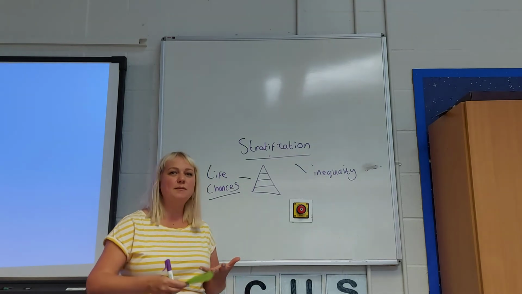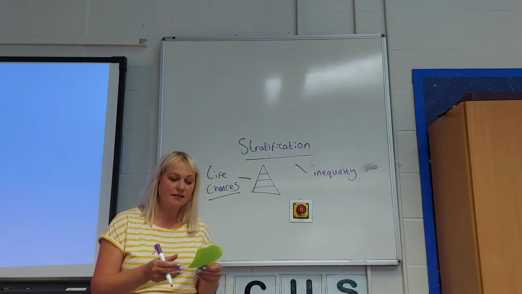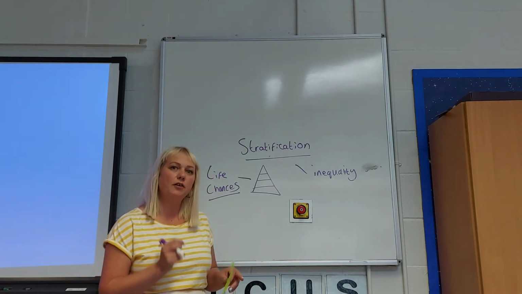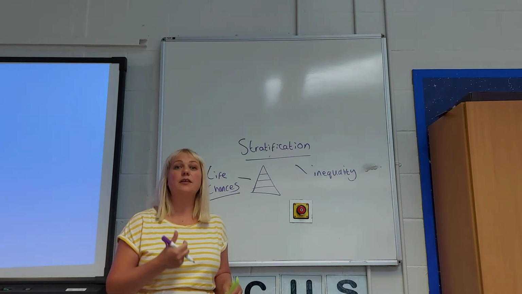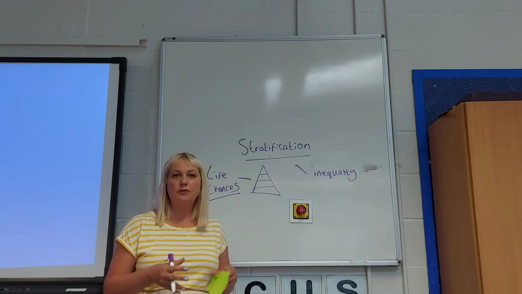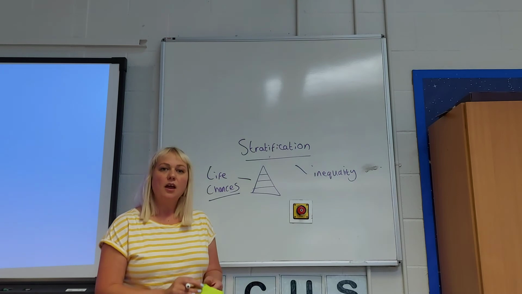Can you afford gym membership? So what are your chances of getting those kinds of things? So life chances, your chance at improving your life, and linked into that are things like health, education, housing, job. All those opportunities define what a life chance is.